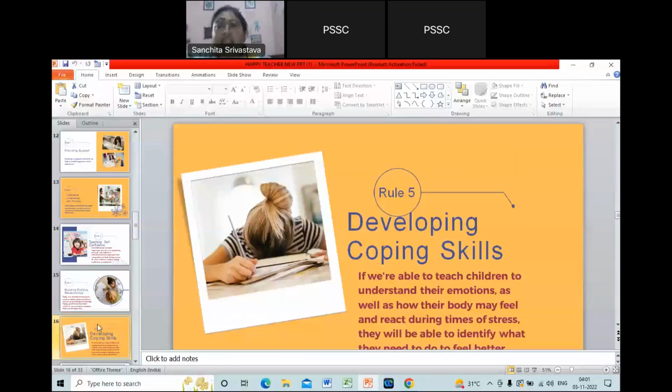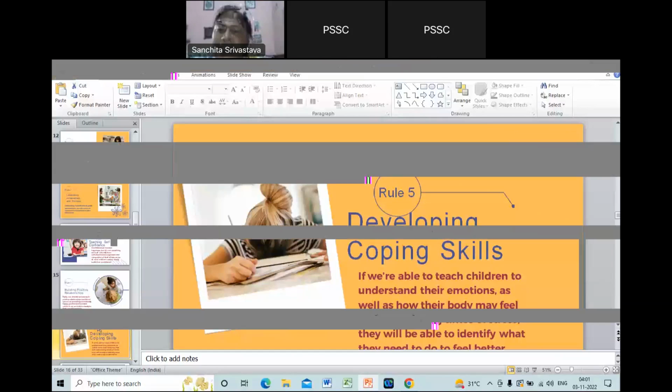Developing coping skills: if we are able to teach children to understand their emotions as well as how their body may feel and react in times of stress, they will be able to identify that and know what they need to feel better. That means what? The skills they are reciprocating in the class, their learning skills, their reading skills, everything.